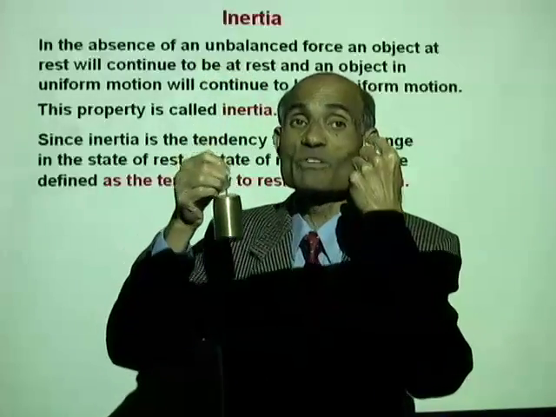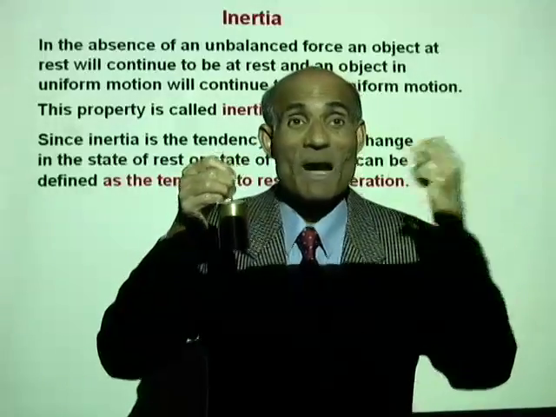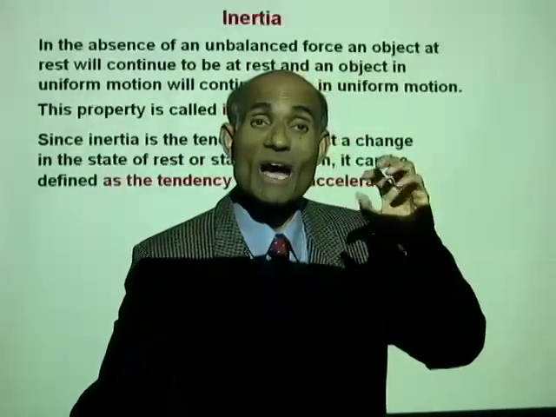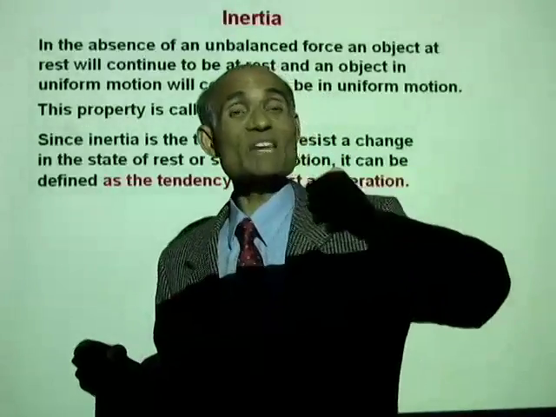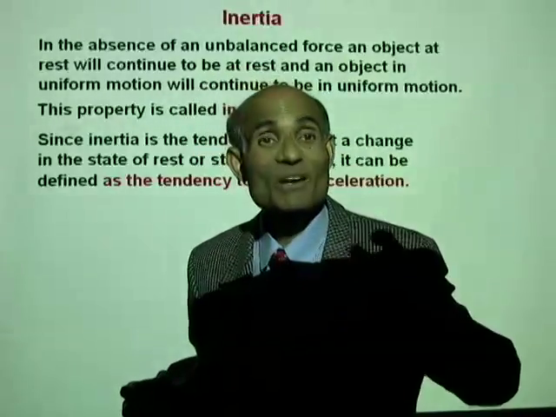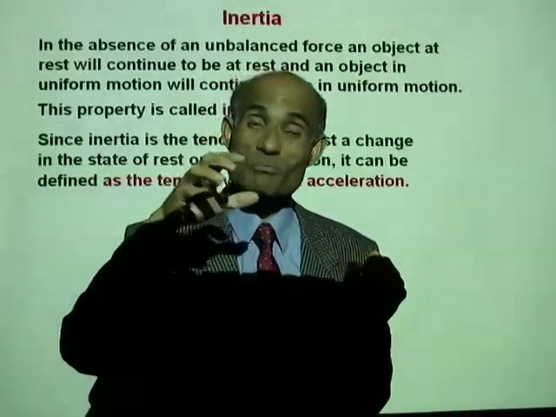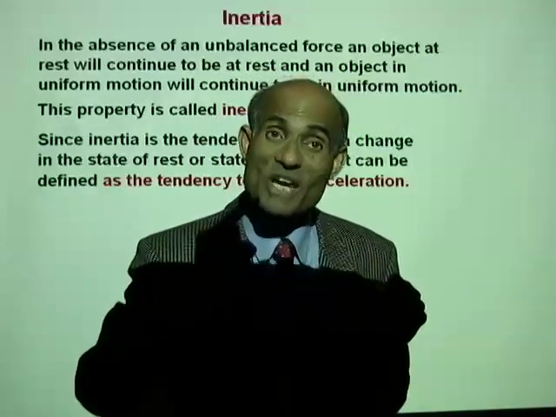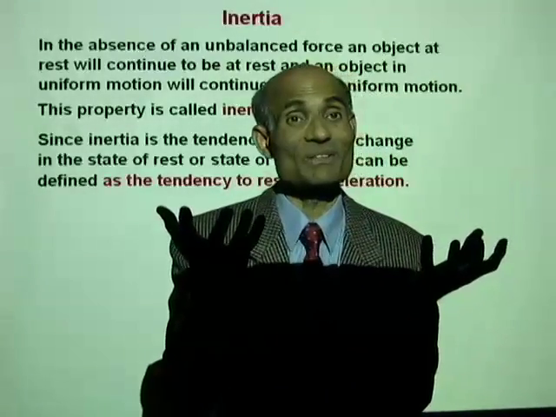And you know, when the velocity changes, there is acceleration. That means whenever an object at rest changes its state of rest, an acceleration occurs. Similarly, whenever an object in motion changes its state of motion, an acceleration occurs.